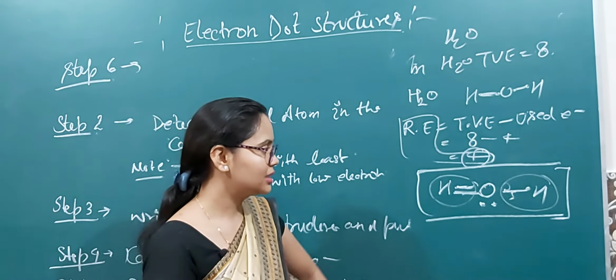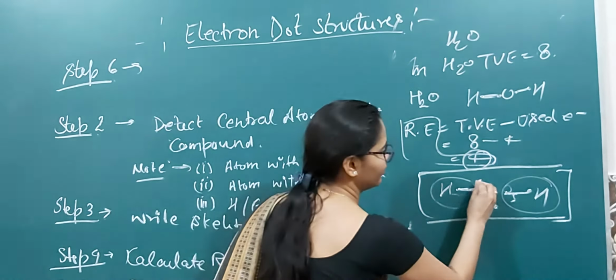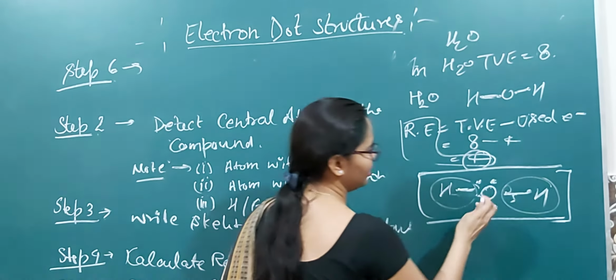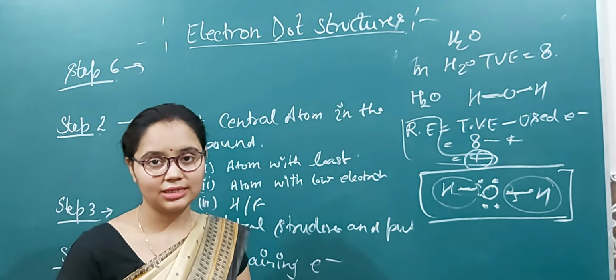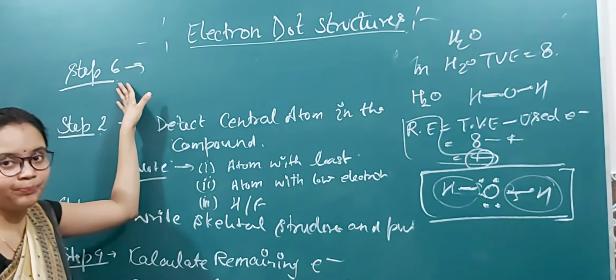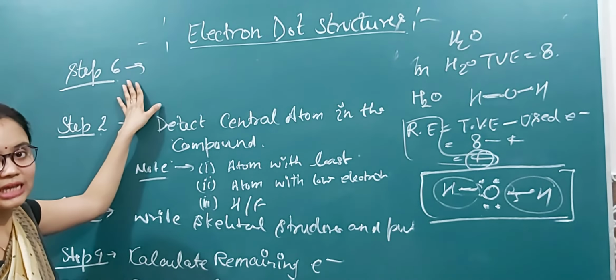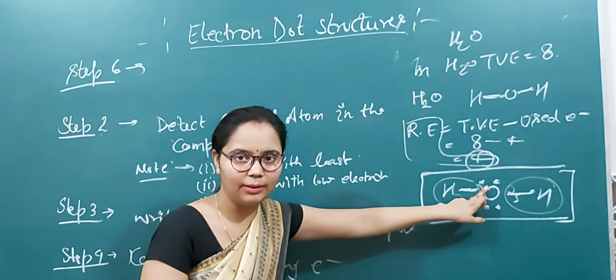But in this case there is no need, so we just put the atoms here and our structure is completed. In some other cases, I will give another example, we can use this step to form multiple bonds.